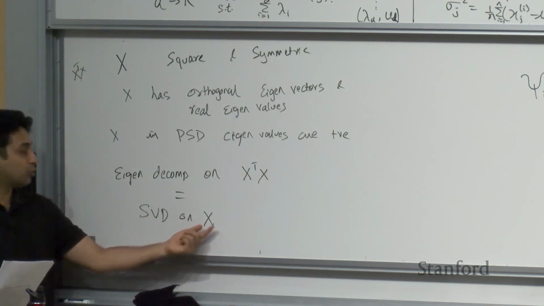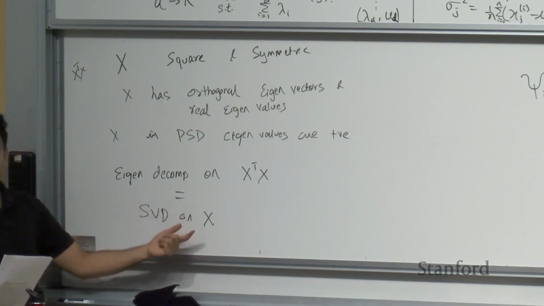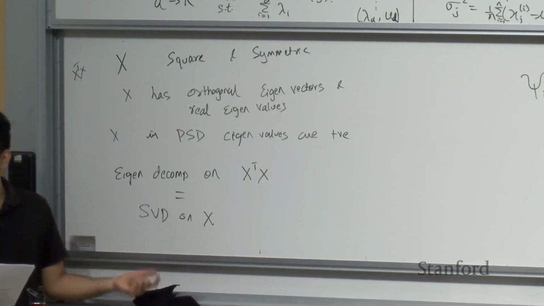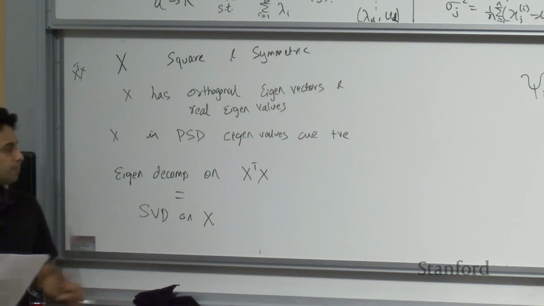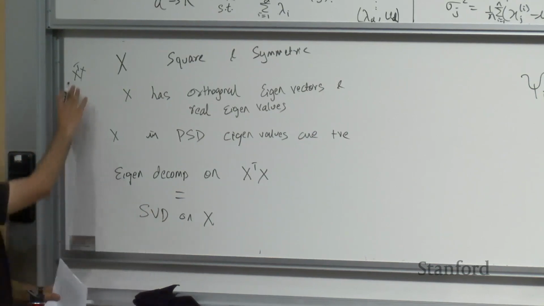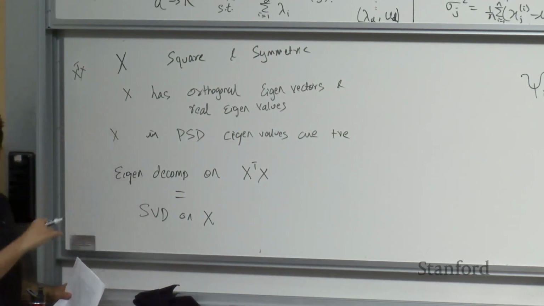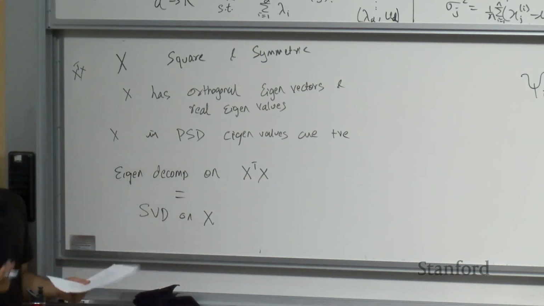In this case, to do singular value decomposition, your matrix need not be PSD, it need not be symmetric, it need not even be square. You're given any matrix whatsoever. The way you perform singular value decomposition on any matrix X is to take X transpose X, take the eigenvectors of X transpose X, and the eigenvectors and the square root of the eigenvalues of X transpose X will give you the singular values of X. Right?